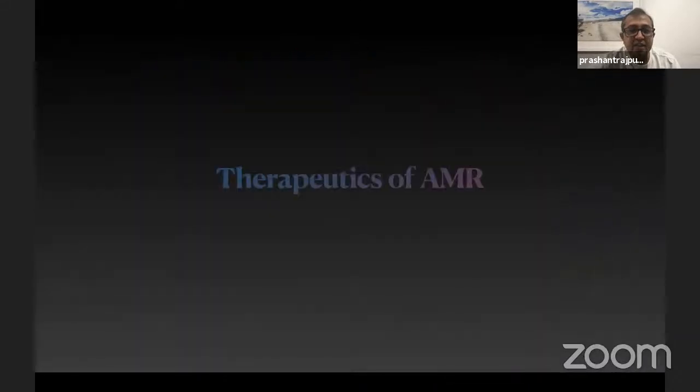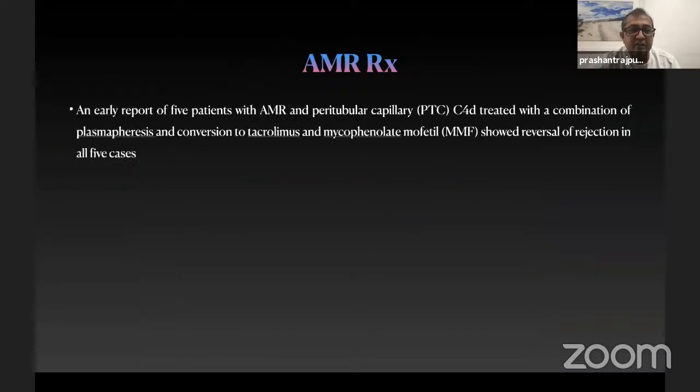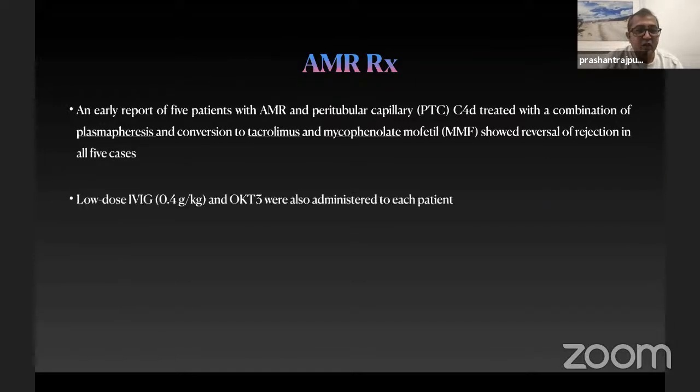As far as the therapeutics of AMR is concerned, there was an early report of 5 patients with AMR with peritubular capillary C4D treated with plasmapheresis combined with conversion to tacrolimus and mycophenolate, which showed reversal of AMR in all 4 cases.